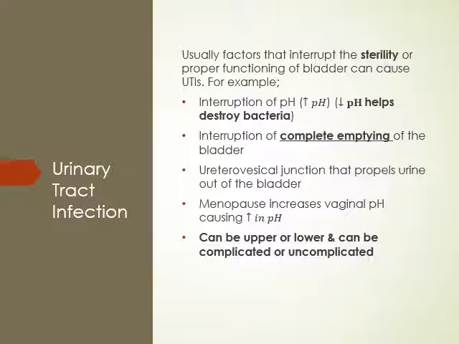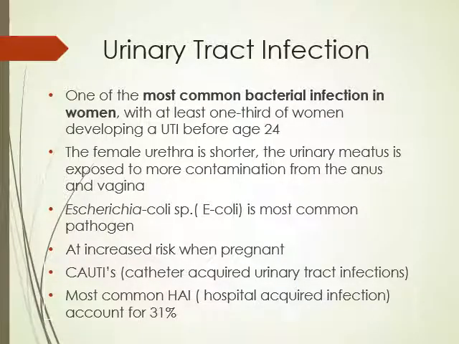The kidneys filter a high volume of blood, and the blood contains bacteria. Bacteria can colonize and cause infection. So sometimes bacteria enters the urinary tract through the urethra, and the infection may ascend. UTIs, we know it's the most common bacterial infection in women, and at least 1/3 have developed a UTI before their middle 20s.